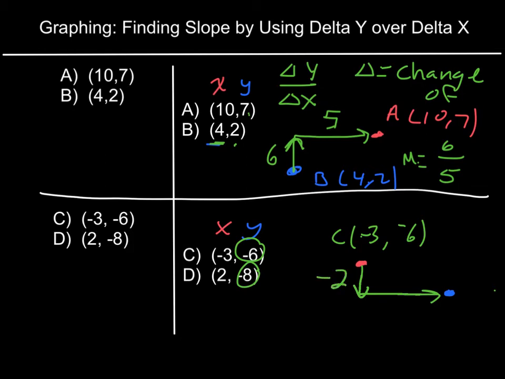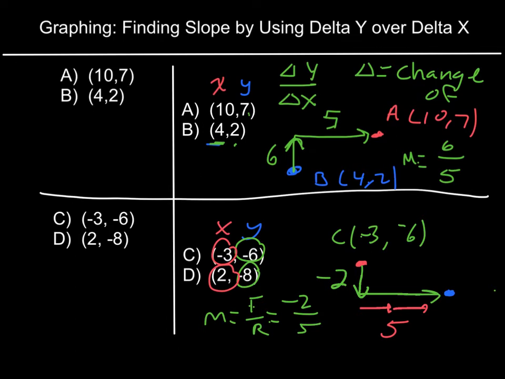And then here, I went from -3 to get to 0, and then I went 2 more to get over there, so I went a total of +5. So then my slope is m is equal to a fall over run this time, which is equal to -2 over 5 for my slope.